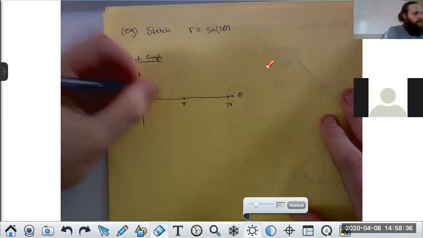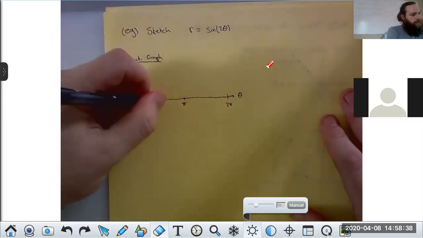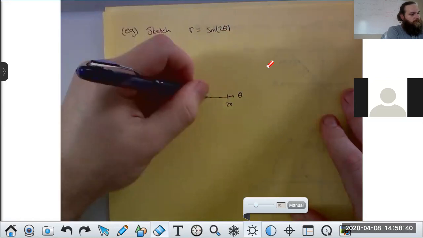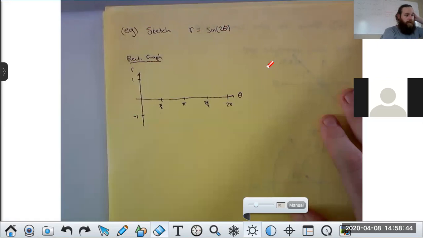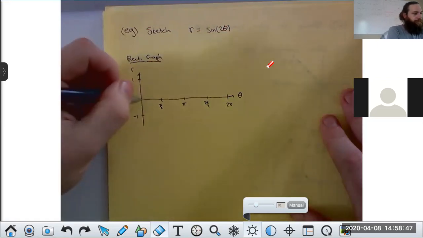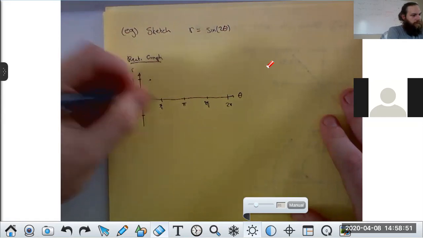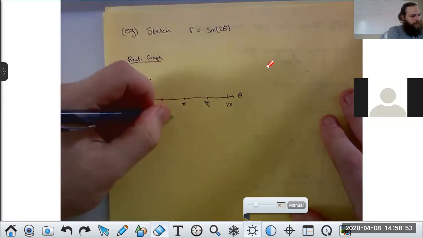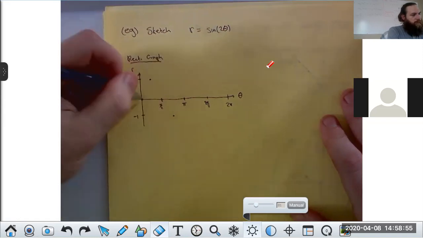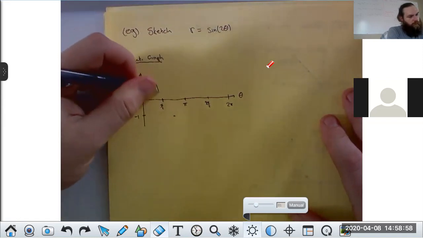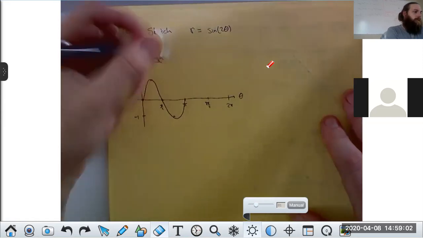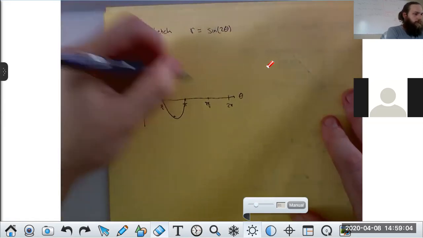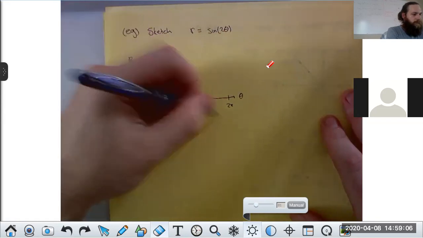I will run through 2 full cycles over the interval 0 to 2 pi. So there's one cycle. And the next full cycle will look like this.